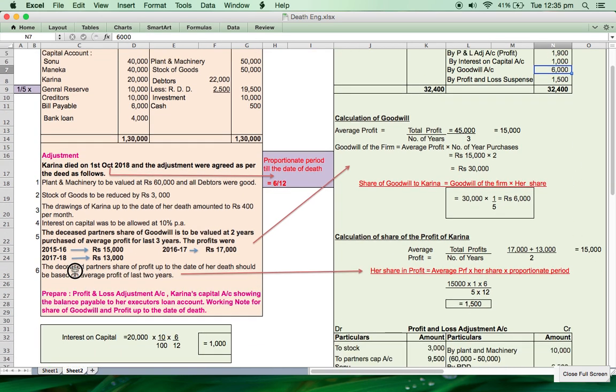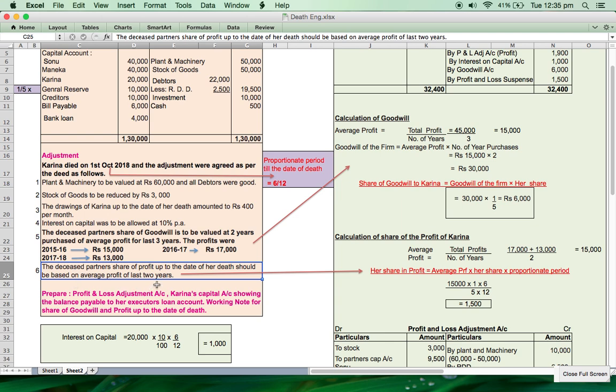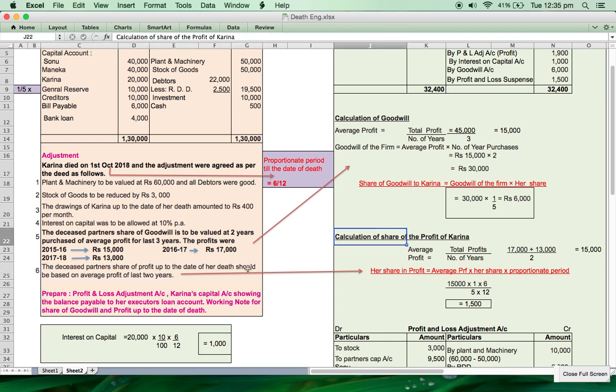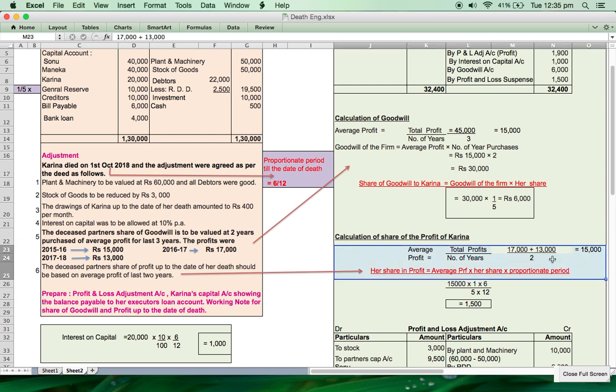Next, deceased partner's share of profit up to the date of her death should be based on the average profit of last 2 years, means 16-17 and 17-18. Now let's see the calculation. Average profit is equal to 17,000 plus 13,000 divided by 2, which is again 15,000 rupees.